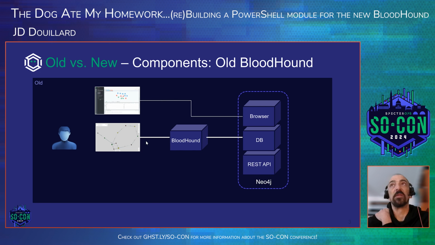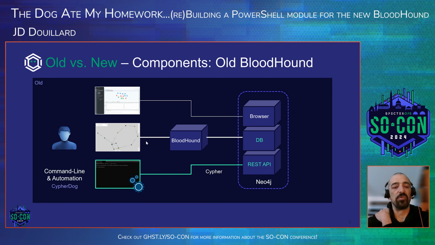That was handy to get some objects back or some tables. And then you could talk to the REST API to send some Cypher queries. And this is what CypherDog, my previous tool, used to do. And it's around CypherDog that I had built all the other tools, basically.